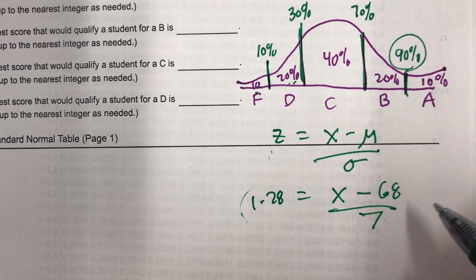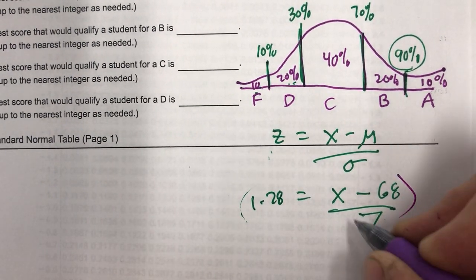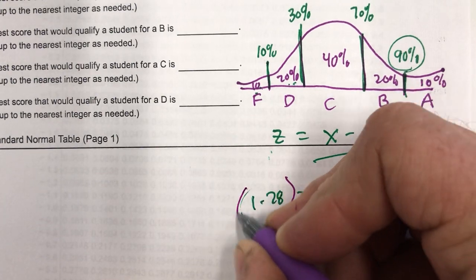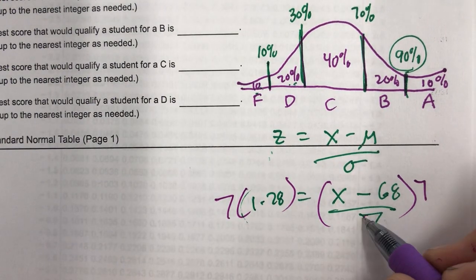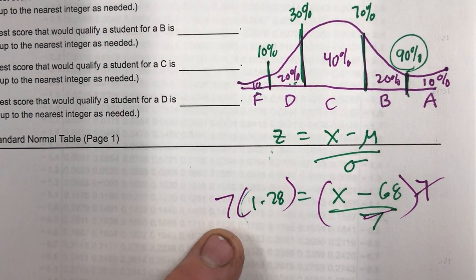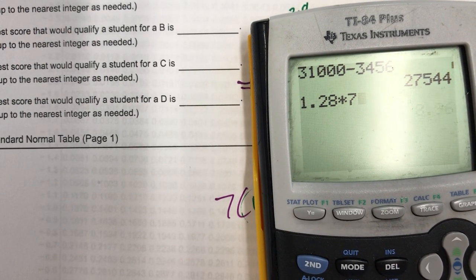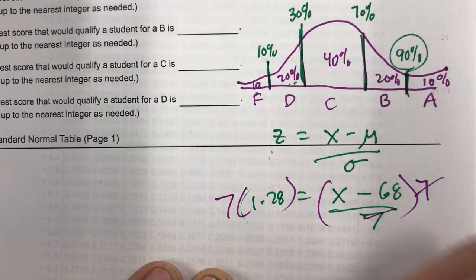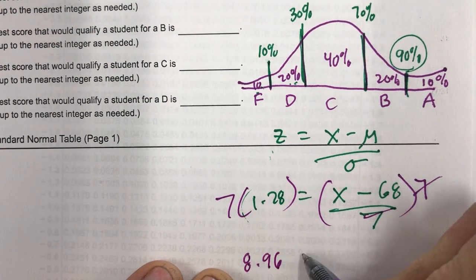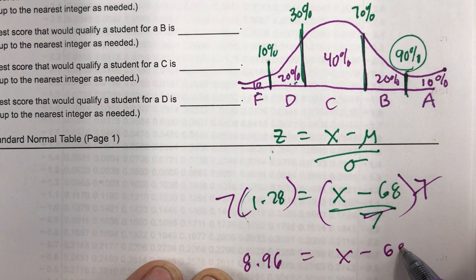Then I solve that equation. The first thing I'm going to do is multiply both sides by 7. That makes this cancel. So 1.28 times 7 is 8.96. So 8.96 equals x minus 68.